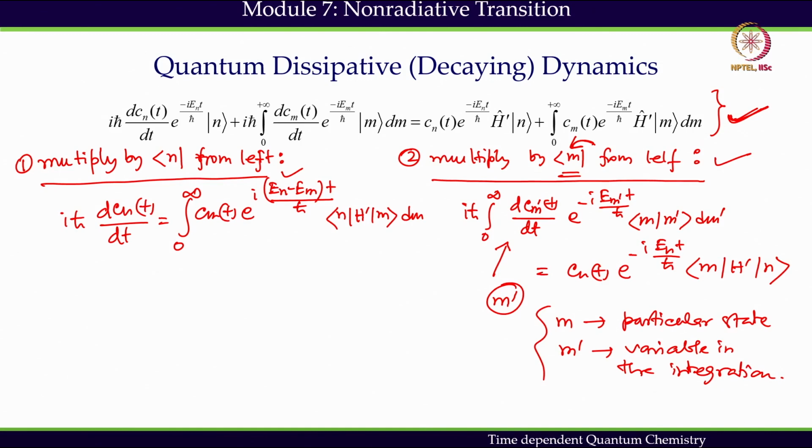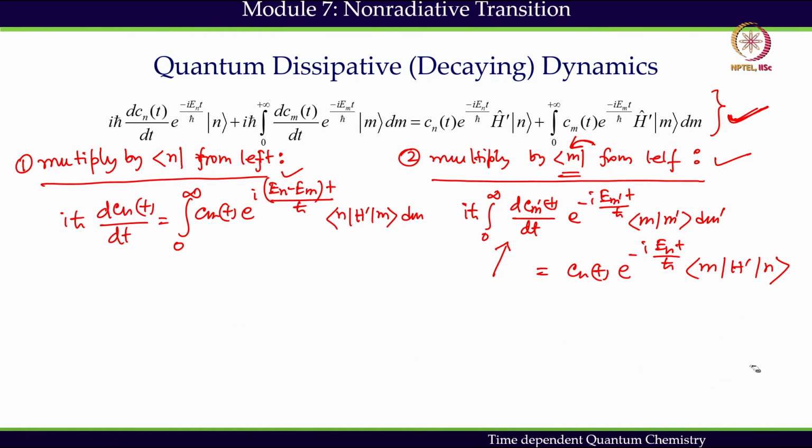So we know that this equation can be further reduced, because we assume that this m dash is 0 for all states except for m equals m dash.